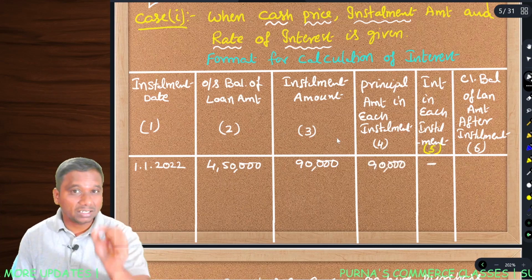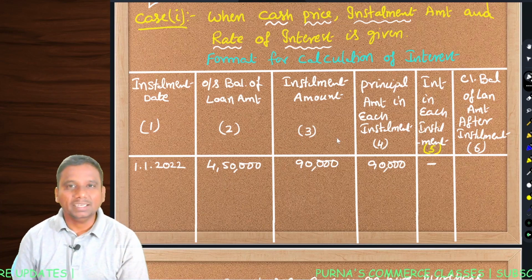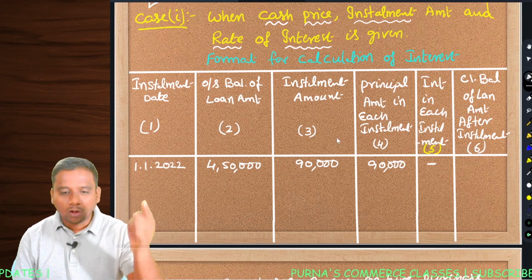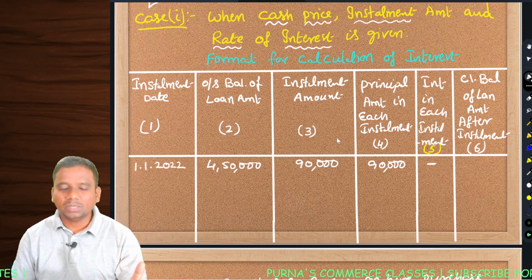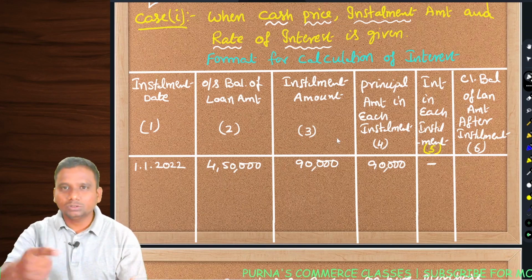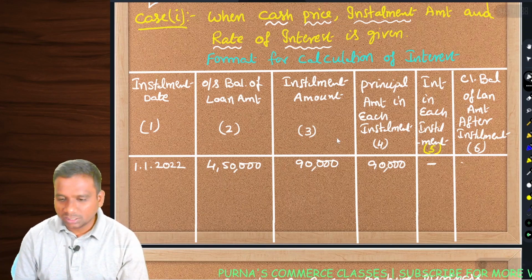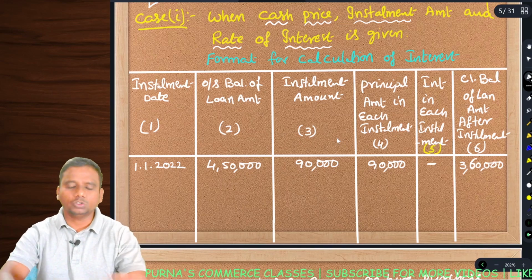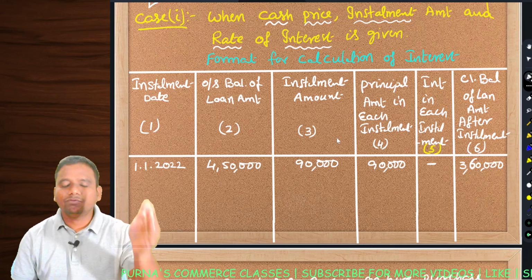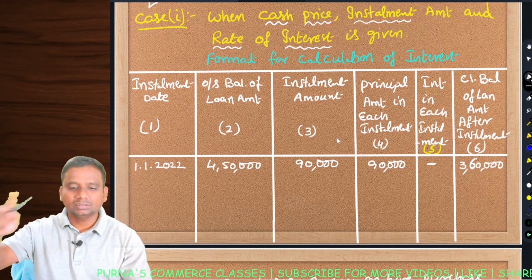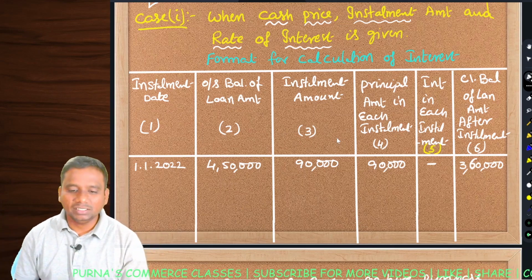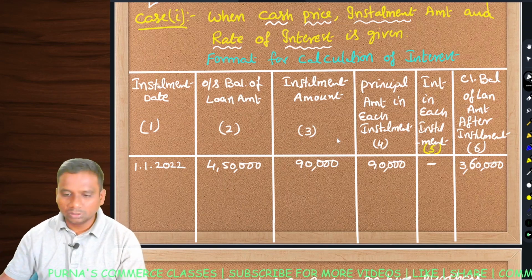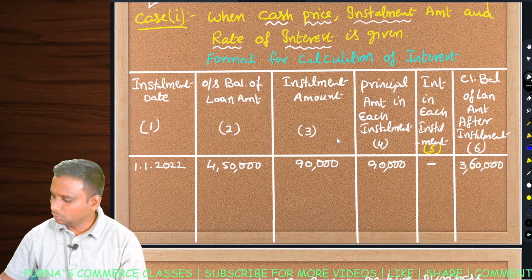Do remember, in the down payment there is no interest amount. Now 4,50,000 is the opening outstanding amount, and 90,000 you paid as down payment. So what is the remaining amount payable? 3,60,000. Or you can ignore this first row also, no problem. So 4,50,000 cash price minus 90,000 is 3,60,000.